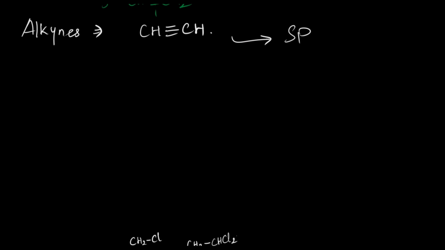The first preparation is hydrolysis of carbides. So CaC2, treating it with water, will lead to the formation of acetylene or any other, depending on the carbide, the triple bond will form.